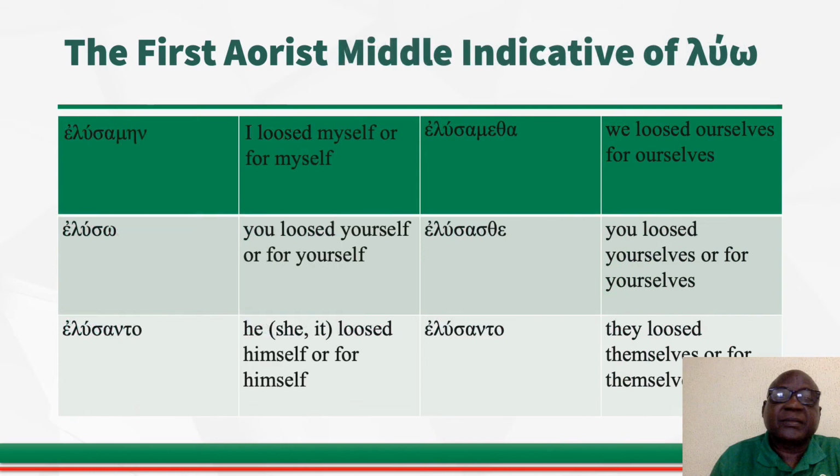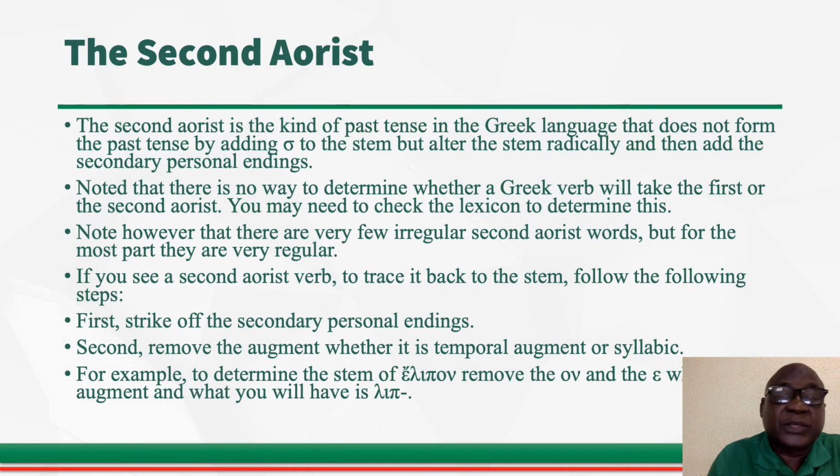That's our focus. The middle will be elusamen, elusō, elusato, elusametha, elusasthe, elusanto. Look at where these words are duplicated, so that when you come across them, you will allow the context to determine how the verb is to be used.